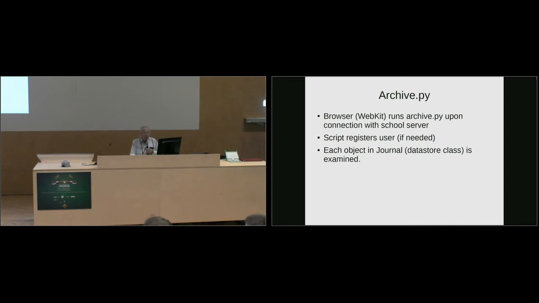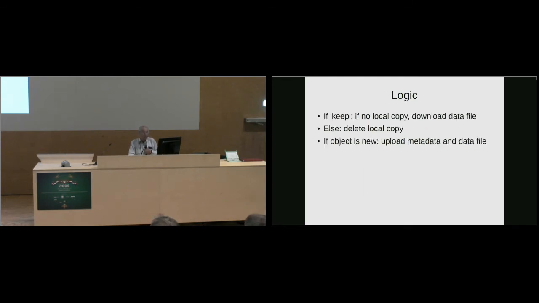Okay, so what the script is going to do after it's identified the user and everything is look at every item in the journal. There's a Python class that gives that interface. It's going to check the keep. If the keep star is set, it'll check to see that the file is local. If there's not a local copy of the file, it'll download it.